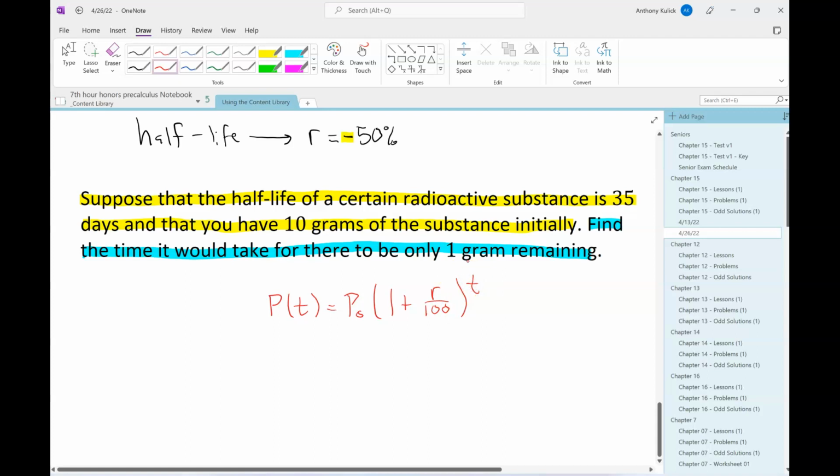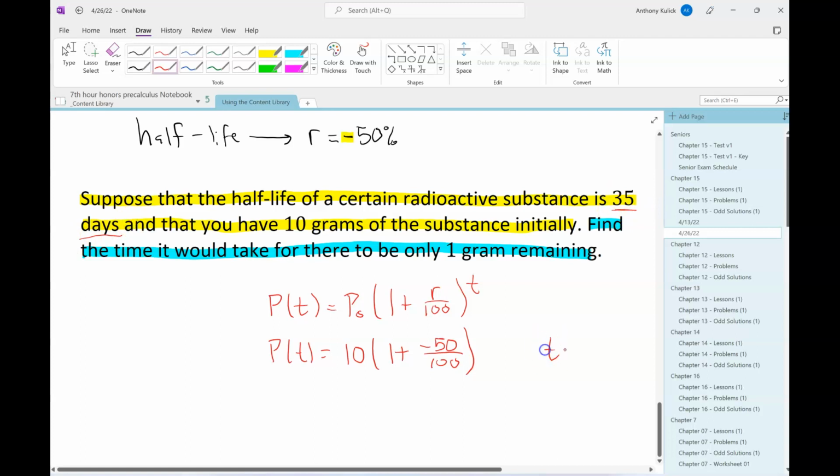What's my value for P naught going to be here? 10, right? I heard somebody whispering it. You guys are so quiet today. And our value for R should be -50. And that half-life is happening every 35 days.